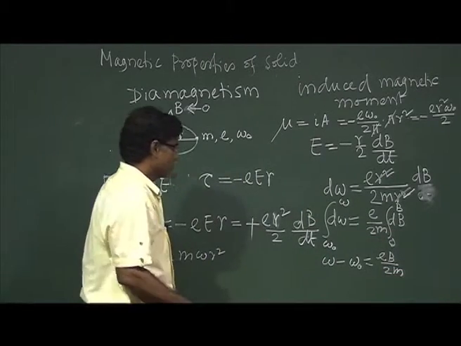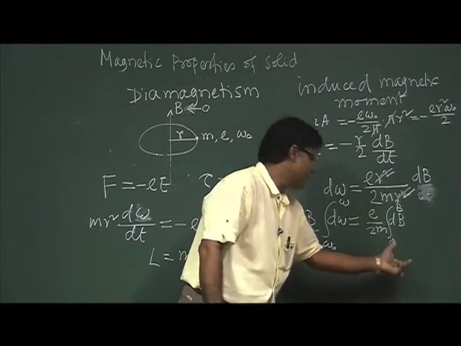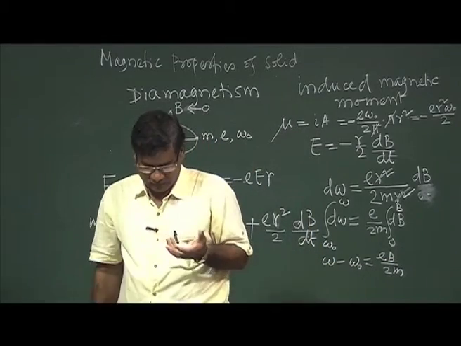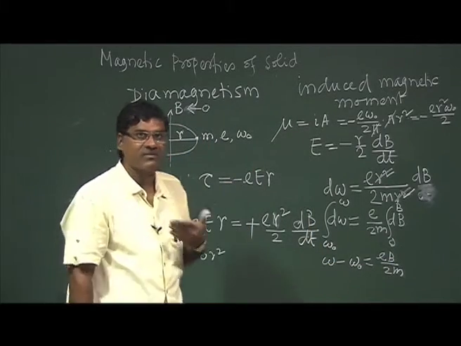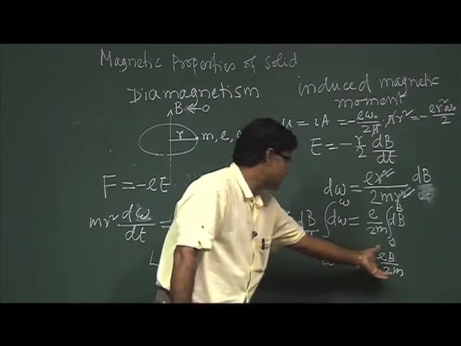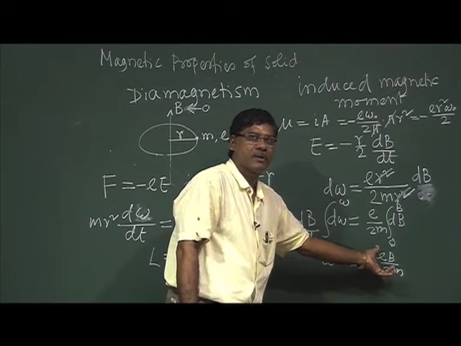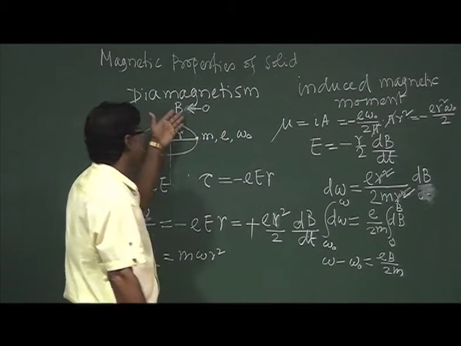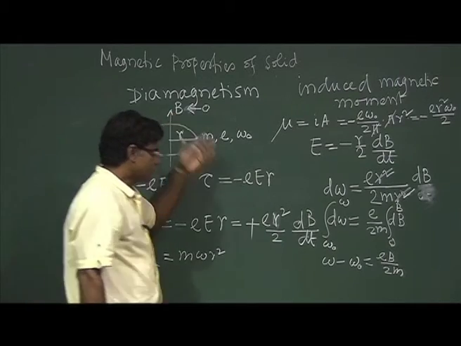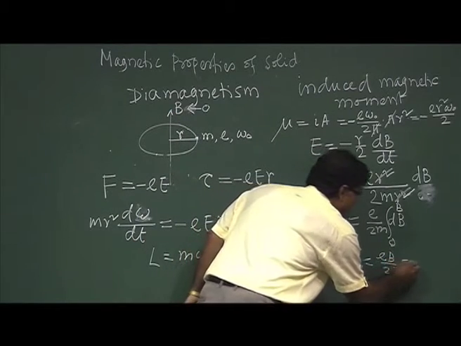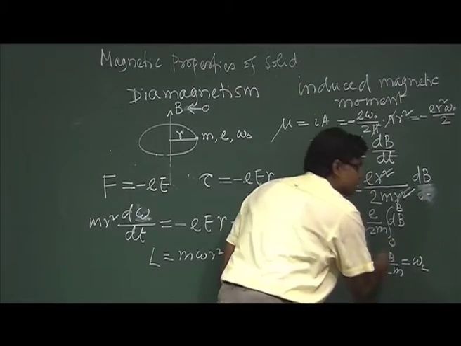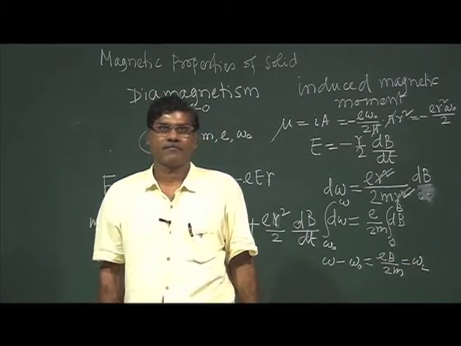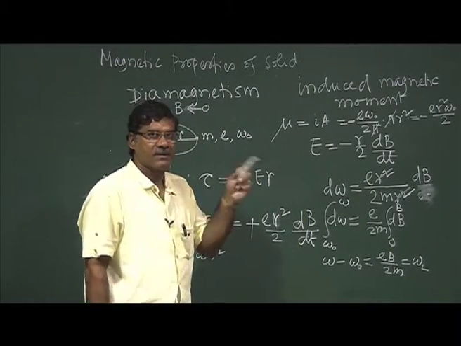This e B by 2m is the change of angular frequency due to the applied magnetic field. This is called the Larmor frequency, the Larmor precession frequency.